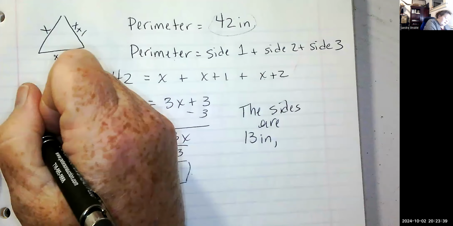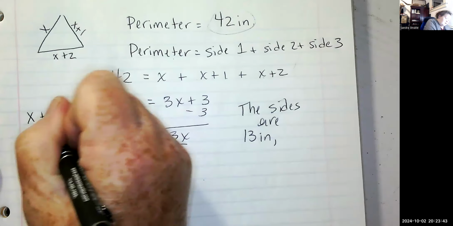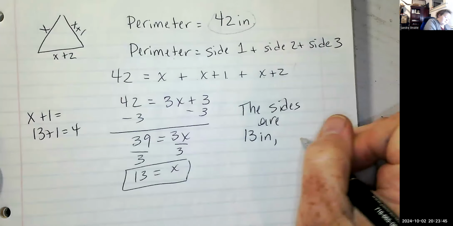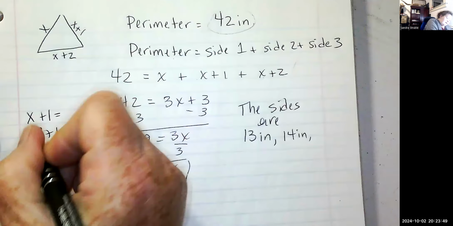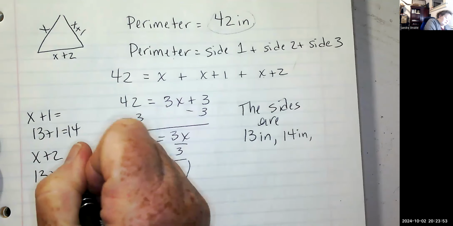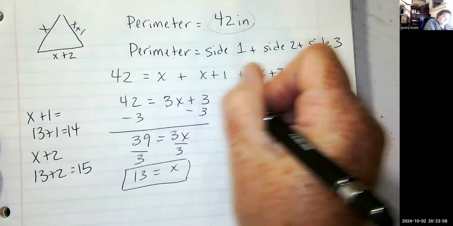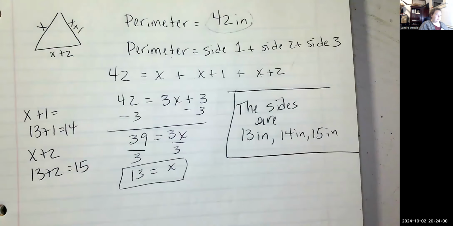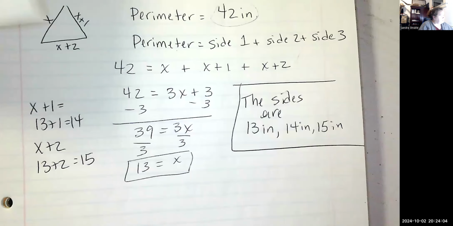And then that's for x. x plus 1 would be 13 plus 1, which is 14 inches. And x plus 2 is 13 plus 2, which is 15 inches. There's your answers. And that's it for 3. See you in 4.